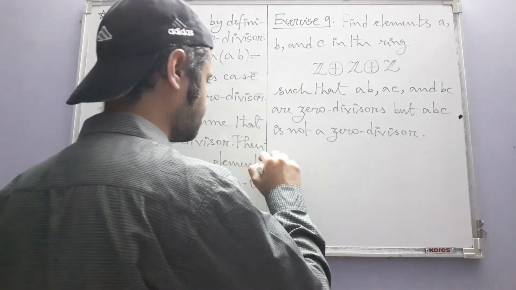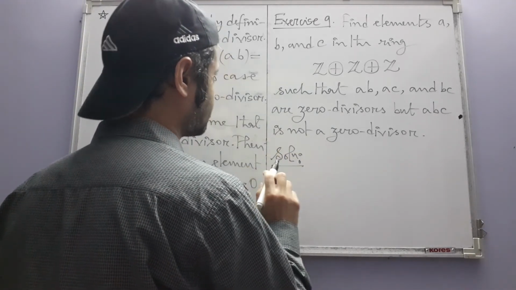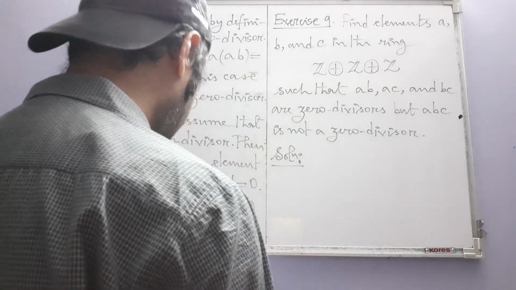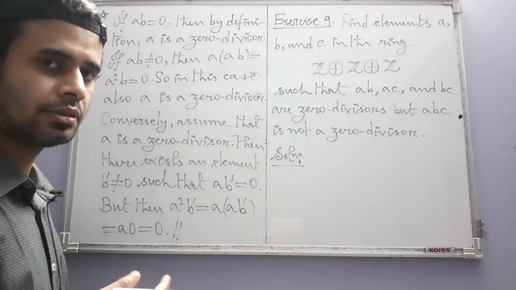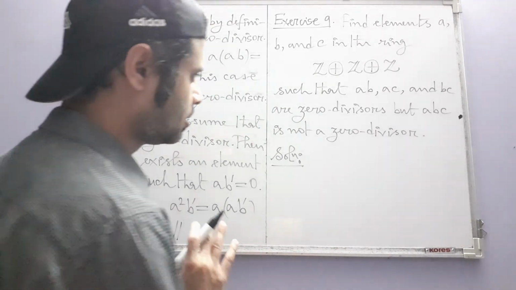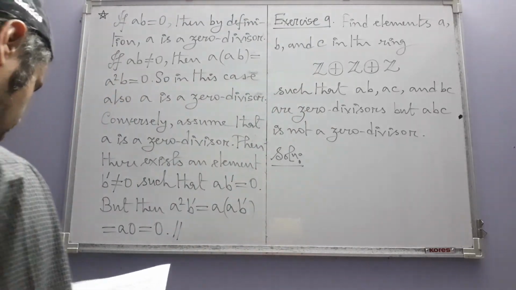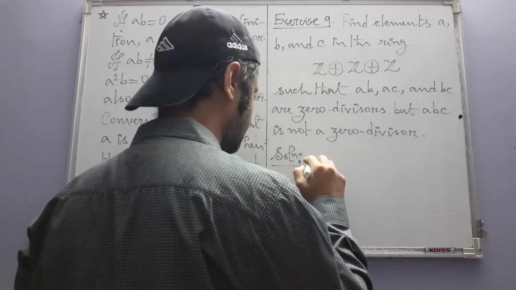Okay. Actually, this is an odd numbered exercise, right? And odd numbered exercises have their solutions or at least hints of solutions at the end of the text. So the author himself has taken these particular elements.